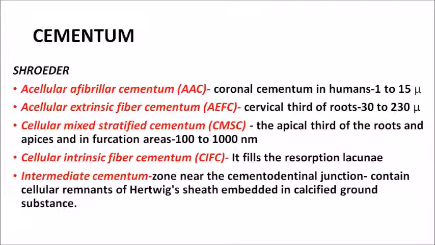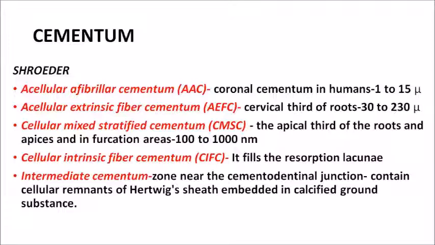Among that, one was cementum overlapping enamel. You remember, right? So when cementum overlaps enamel, it is this cementum, acellular afibrillar cementum. So AAC covers the coronal portion, or it is the coronal cementum of humans, and it is very thin, 1 to 15 micrometers only is its thickness.